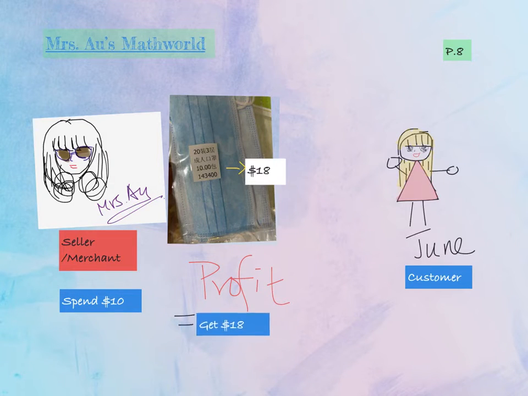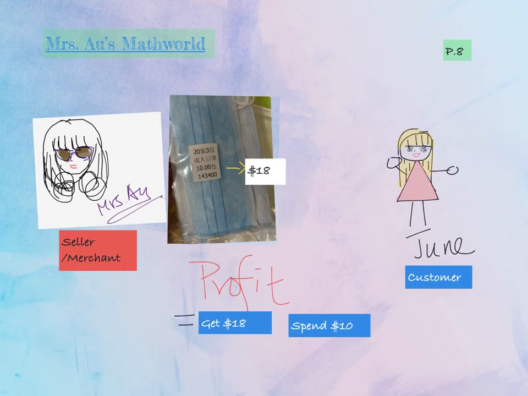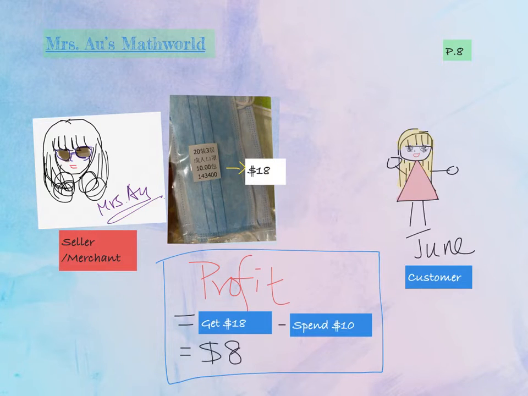More means she got $18, but she spent $10. That means we need to subtract, and then the profit is $8. So this is basically the concept. She got $8. June spent $18 to buy the things, which cost $10 to Mrs. O.